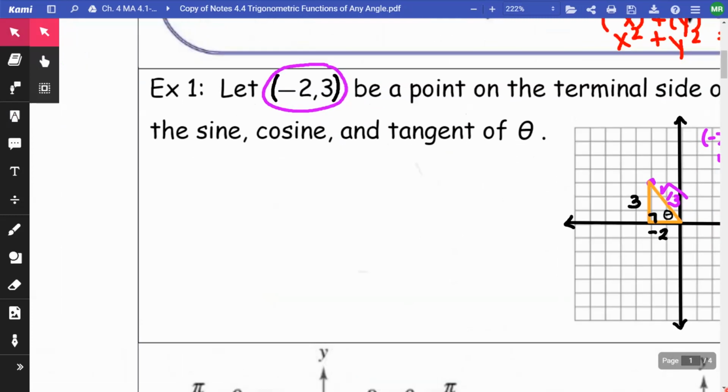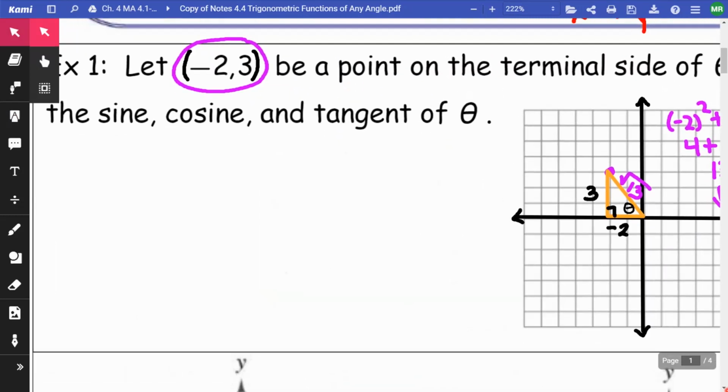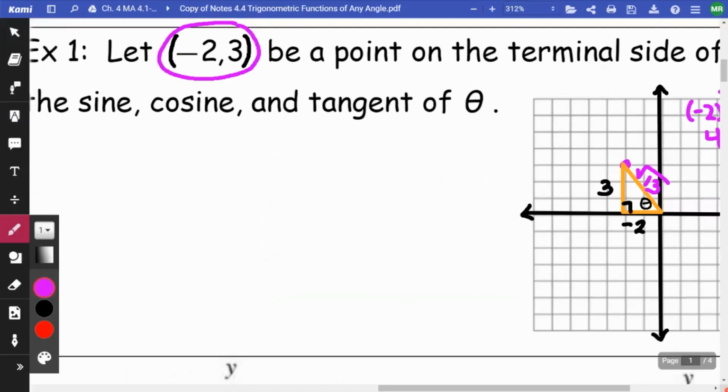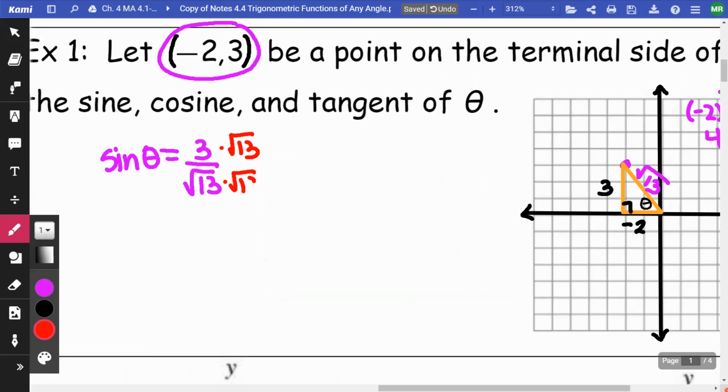So if I'm going to find the sine, cosine, and tangent for this angle, my sine of that angle is going to be opposite, which is 3, over hypotenuse, which is root 13. I'm going to rationalize by multiplying the top and bottom by root 13. And my final answer is going to be 3 root 13 over 13. That is going to be the sine of that angle.